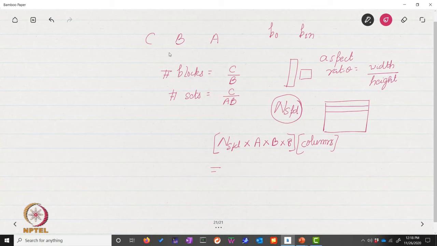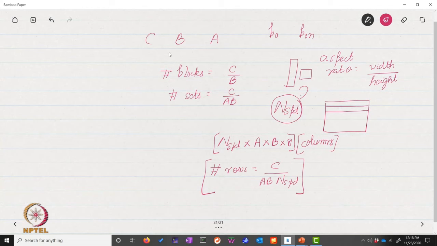The number of rows is basically equal to the number of sets divided by the number of sets per row. To check that the product is correct, all that we have to do is multiply both, and the final result is C into 8, which is C into 8 bits. Alright, so this is equal to the number of rows.